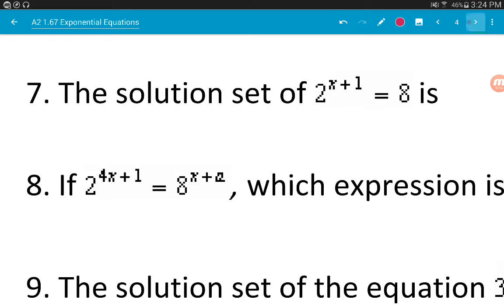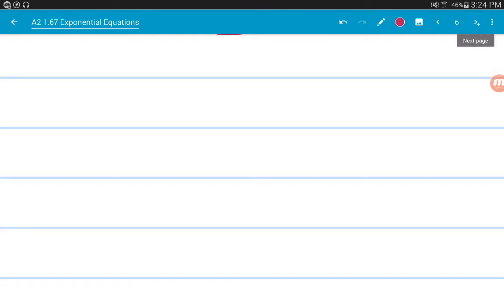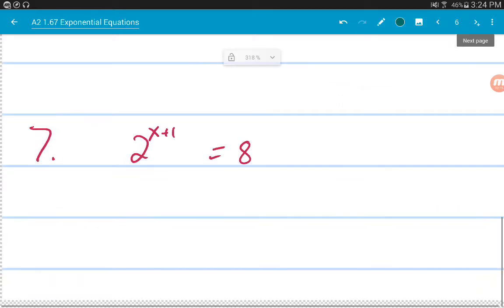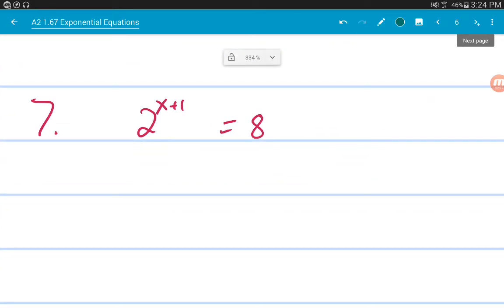Question 7 says 2 to the x plus 1 equals 8. Now, these have a common base in that actually 2 times 2 times 2 equals 8. So I can take the number 8 here and change it into 2 cubed.